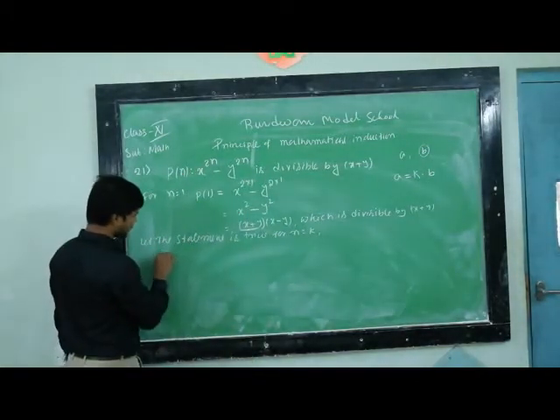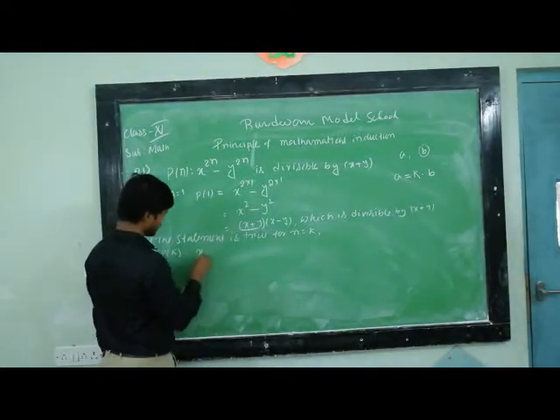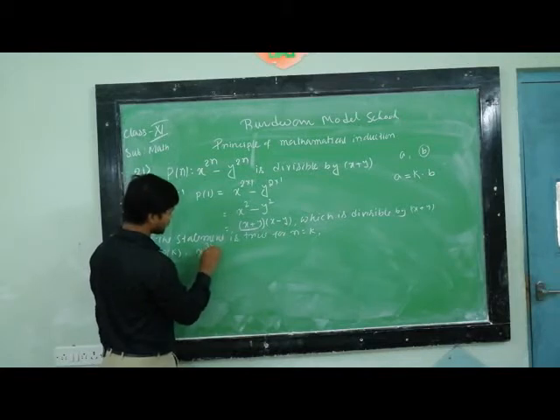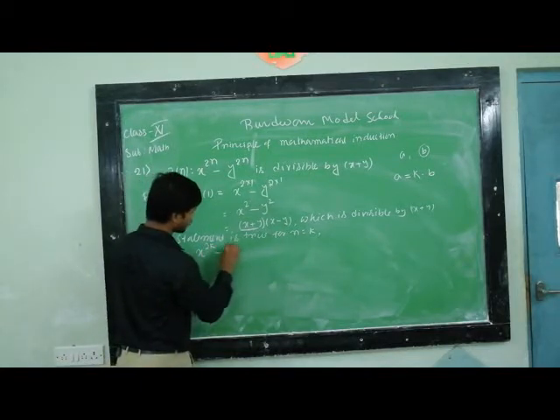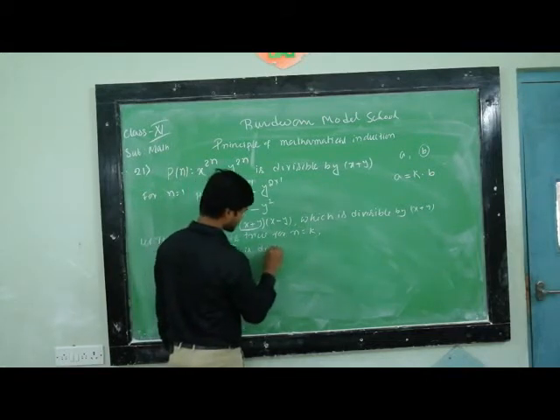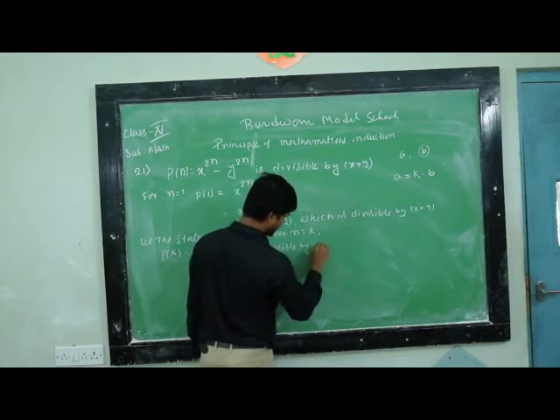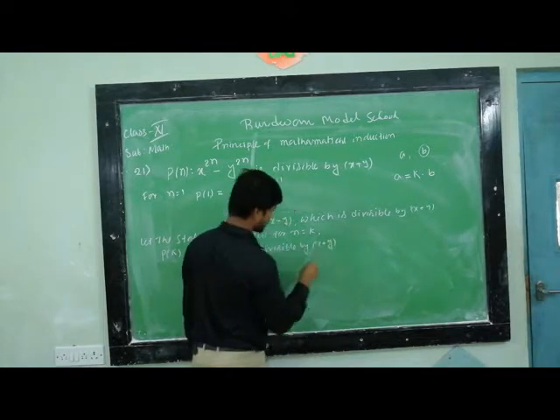So as the statement is true for n equal to k, then we can consider x to the power 2k minus y to the power 2k is divisible by x plus y.